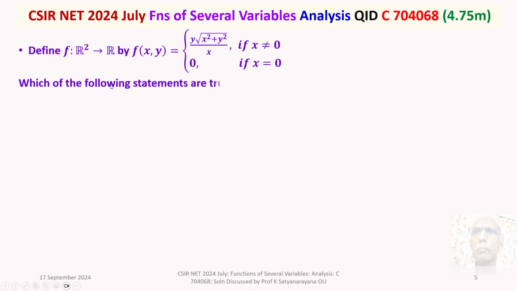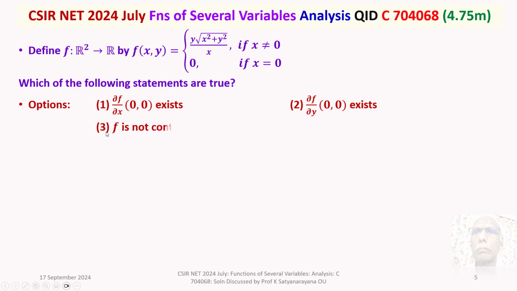Which of the following statements are true? We are given 4 options. Option 1: the partial derivative of f with respect to x at the point 0, 0 exists. Option 2: dou f by dou y at 0, 0 exists. Option 3: f is not continuous at the origin. Option 4: f is not differentiable at the origin.